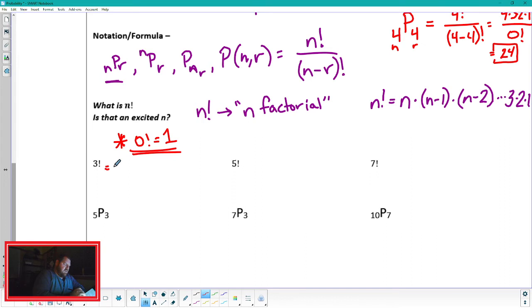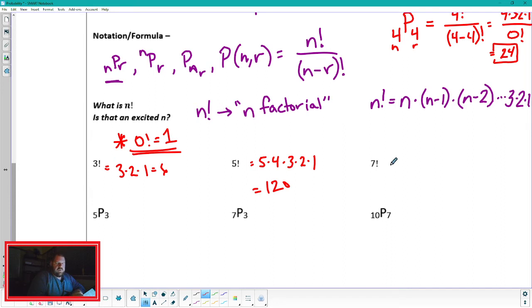We did that one. It's 6. Actually, let me write it out. Why not? 3 factorial, 3 times 2 times 1, which is 6. 5 factorial, 5 times 4 times 3, 2, 1. We said that was 120.